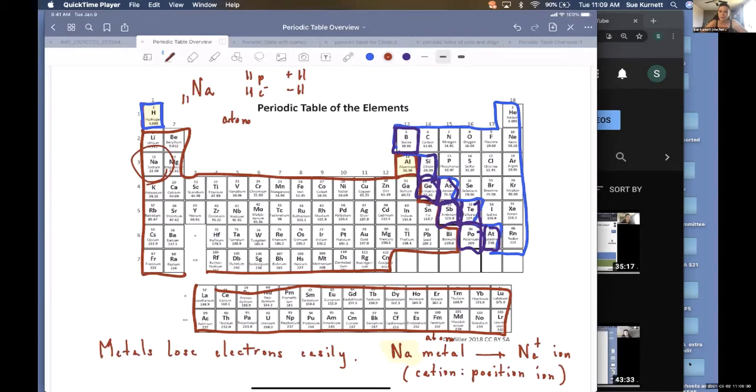How many neutrons does it have? We don't know. The number of neutrons depends on which isotope it is. But because neutrons are neutral, I don't have to know how many neutrons there are.